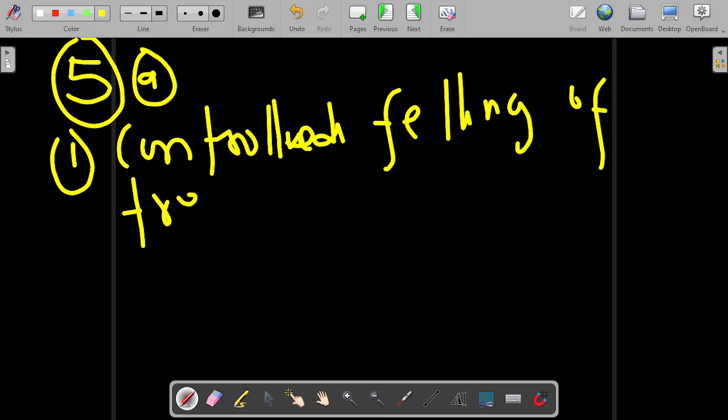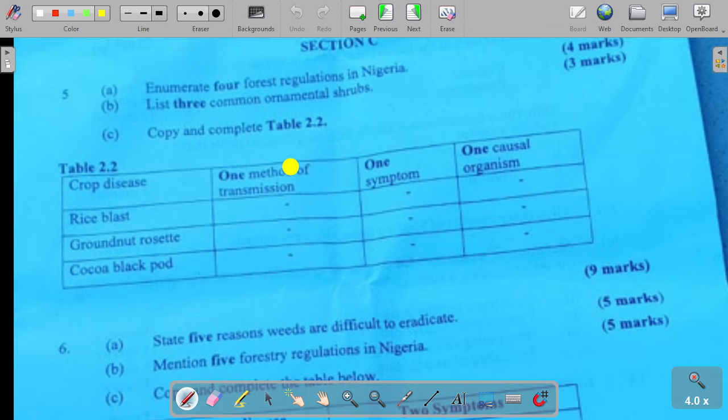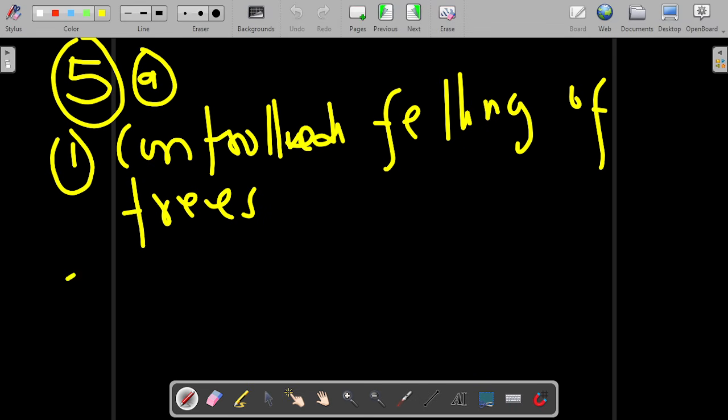Each point is 1 mark. So we have control of felling of trees.